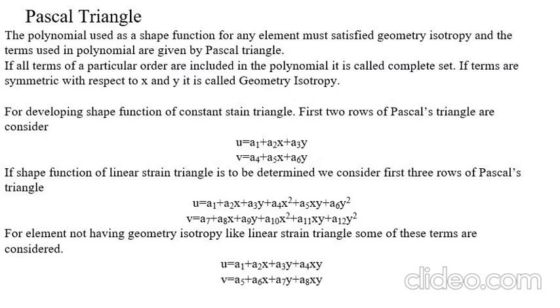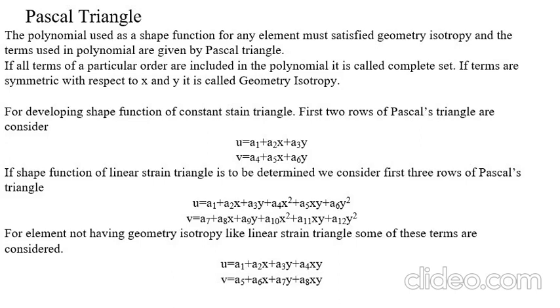For developing the shape function of the constant strain triangle, the first two rows of the Pascal triangle are considered: u is equal to a1 plus a2x plus a3y, and v is equal to a4 plus a5x plus a6y.